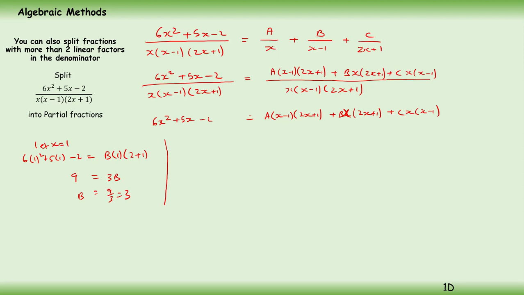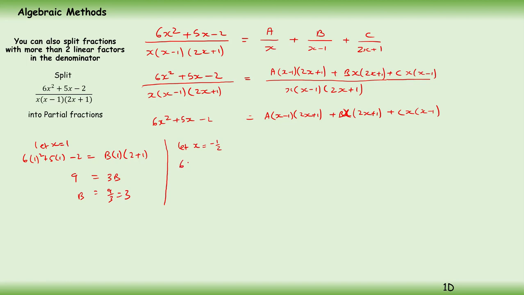So this time, I want to get rid of this 2x plus 1. So in order to turn that to 0, I need x to be equal to minus a half. So let x be equal to minus a half.